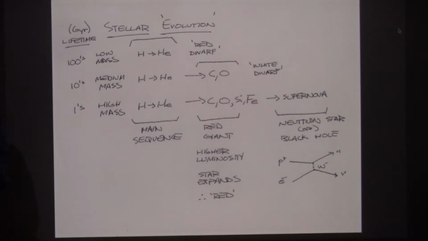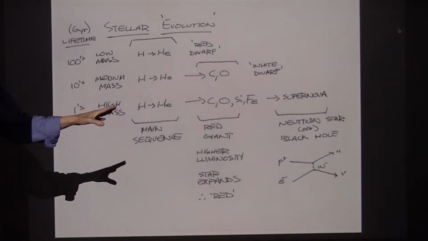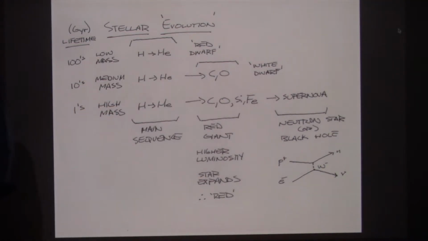So these were first predicted to exist. Theorists took a look at gravitational forces in these really high mass stars and said there would be enough to set off these kinds of particle reactions.